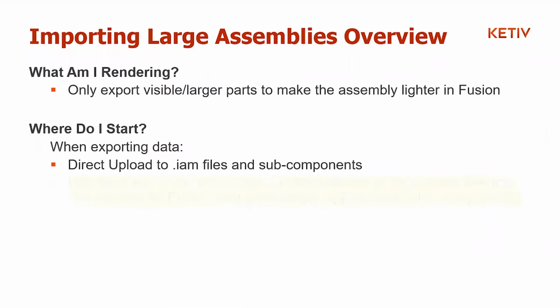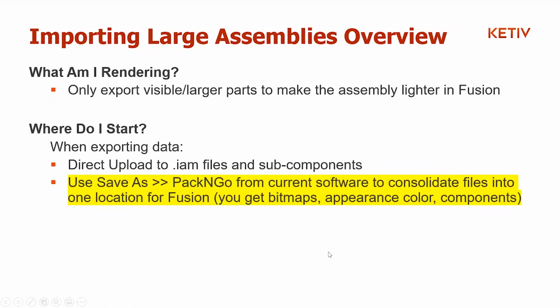One of the ways that I recommend is using a save as and pack and go. There's pack and go in SolidWorks, there's pack and go in Inventor, so I'm partially assuming that you can use a similar format for the other softwares. But in Inventor, I'll show you right now, you are able to consolidate or just condense all of your used and needed files in this assembly to said pack and go folder.